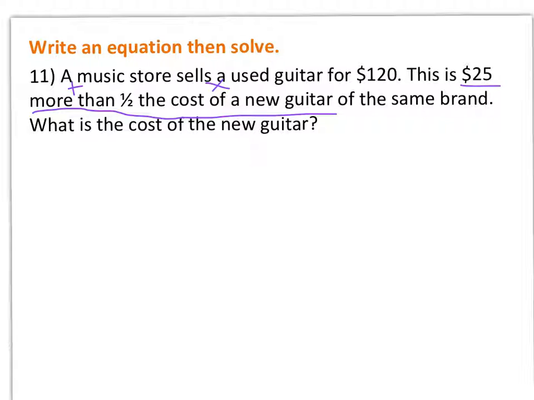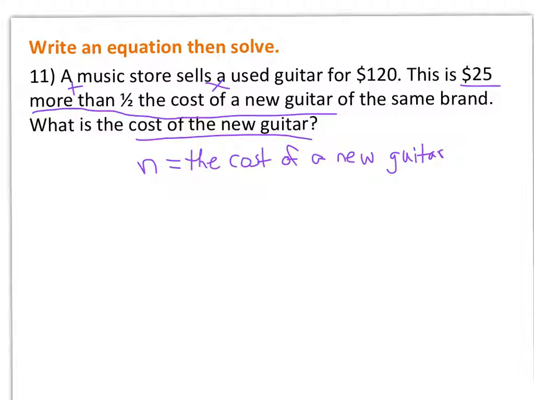So anytime we want to solve a word problem, we're going to write an equation, we first want to define a variable. So what we don't know is the cost of a new guitar. So I'm going to use n to represent the cost of a new guitar.